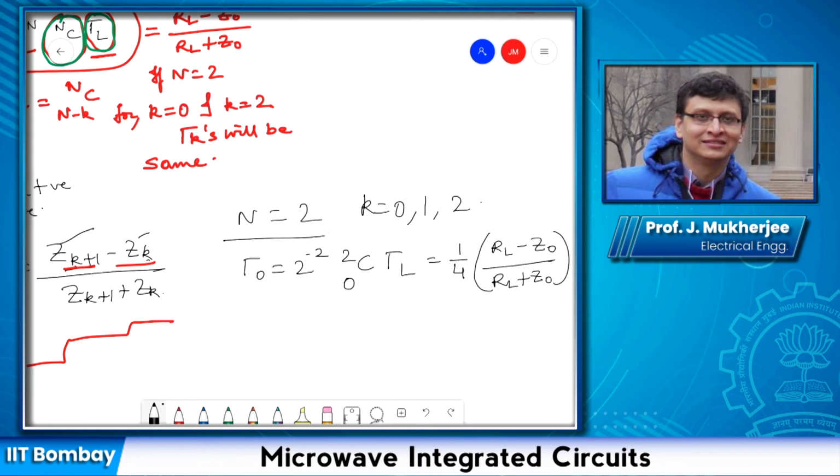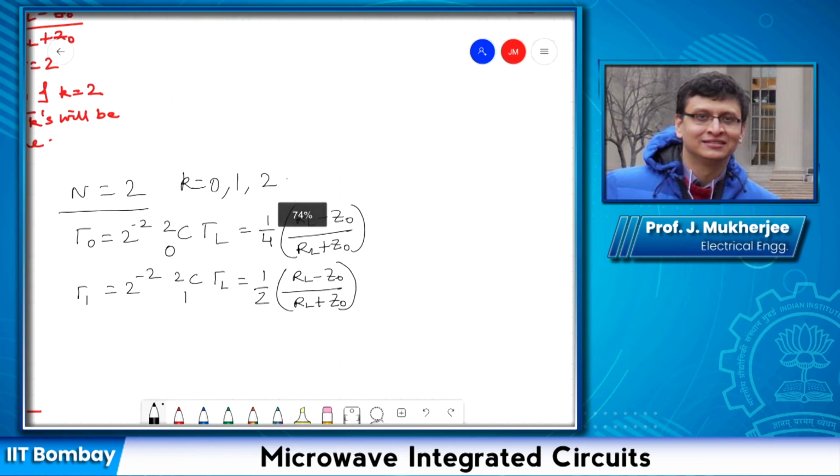Then we have gamma 1 equal to 2 raised to minus 2, times 2C1 times gamma L, which is equal to 1 by 2 times (RL minus Z0) upon (RL plus Z0).